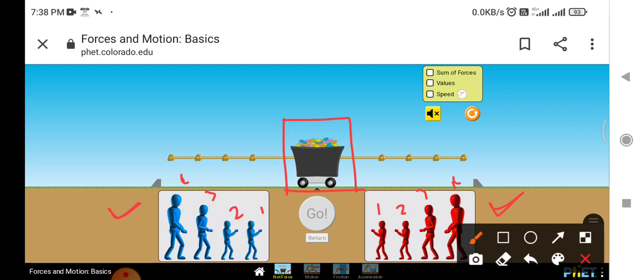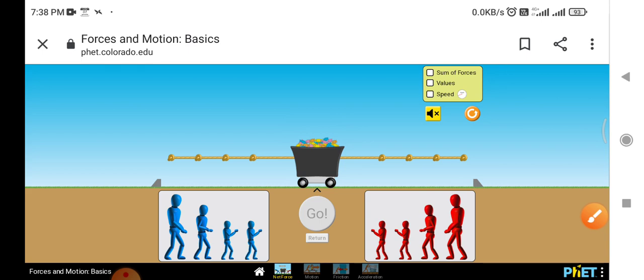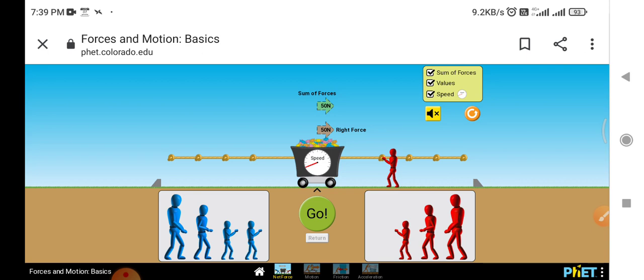And they gave 3 values: sum of the force, values and speed. So we can select all the things. First, I choose one person from this team, and see, this boy applied 50 Newton force.